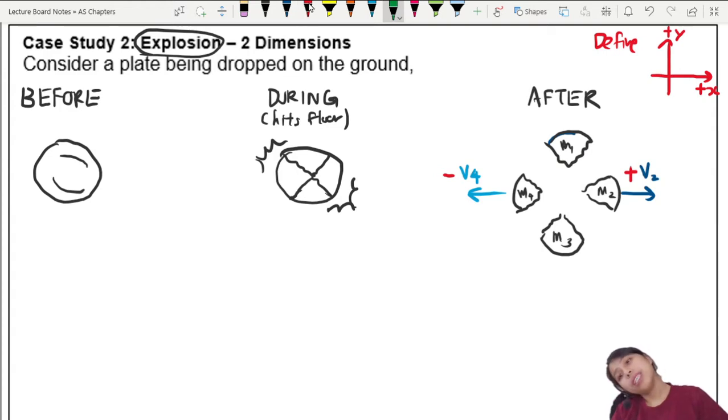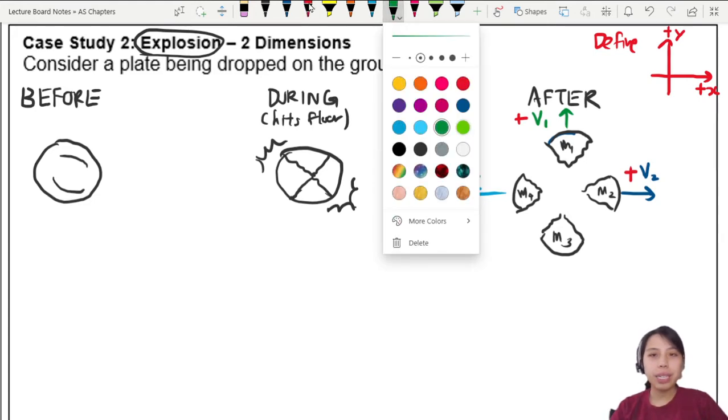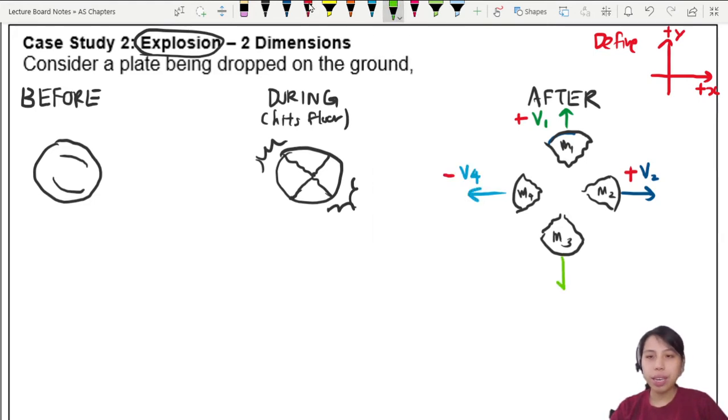How about vertical? We have one going up. Let's call this V1, and since it's moving up, it's positive, so it will have a certain momentum upwards. The other one will be downwards, so this is going to be negative. This is V3, but negative because downwards.